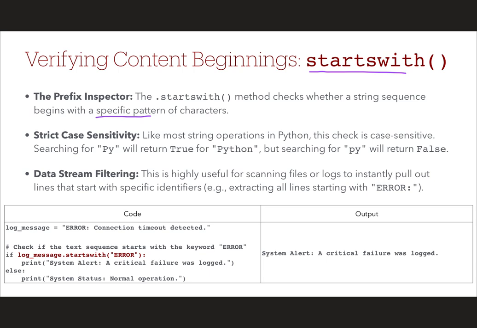When Python checks whether a character string starts with certain specific characters, the case matters, as we studied. So this is case sensitive. If your code searches for py with an uppercase P, then that will be different from a lowercase py.